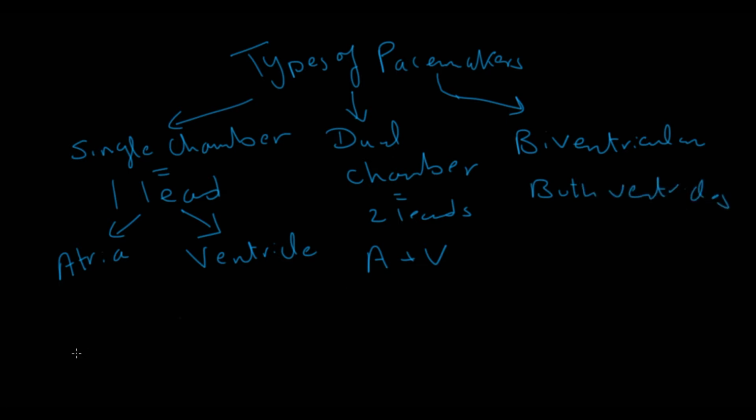Right, so let's have again a quick look at the access routes for the pacemaker and the leads. So this is basically the heart again, and now I'm going to continue the drawing. The colors are not going to be exactly the same, but you need to imagine a little bit.